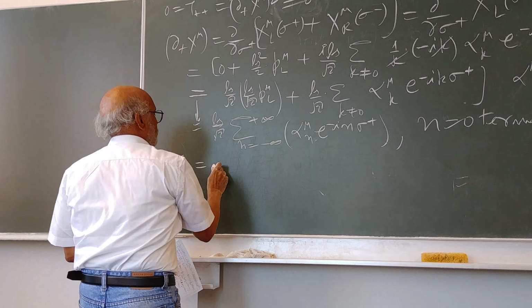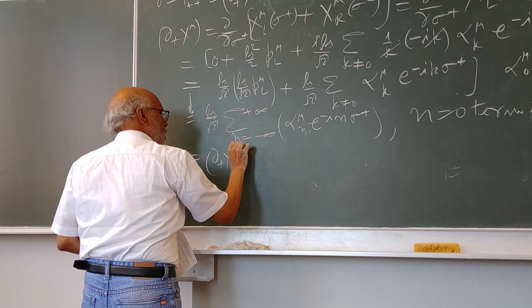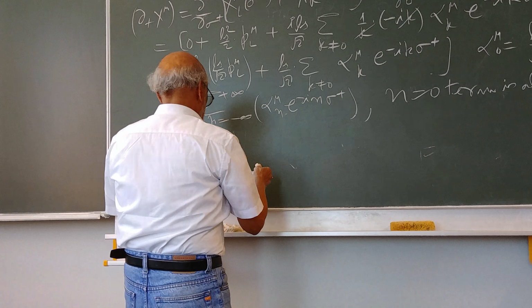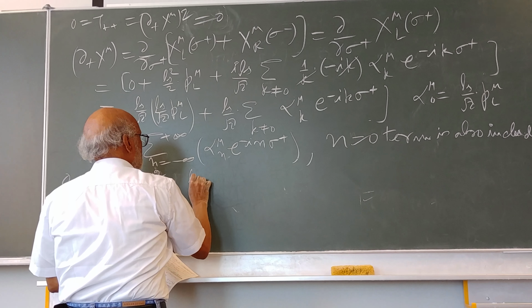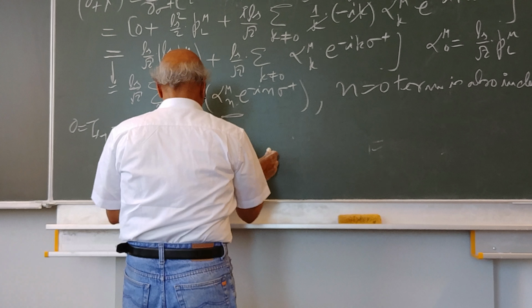So this is going to be a square of del plus x mu whole square, and now this can give me a square of this, ls square by 2 summation.